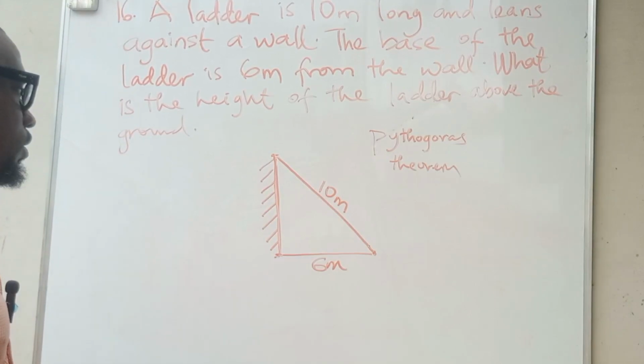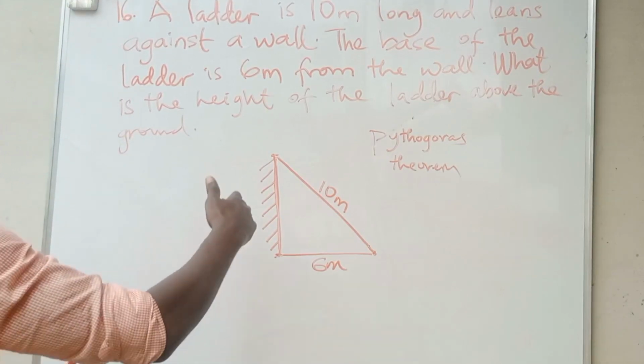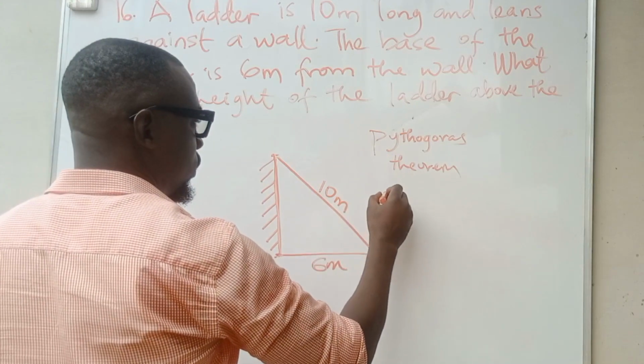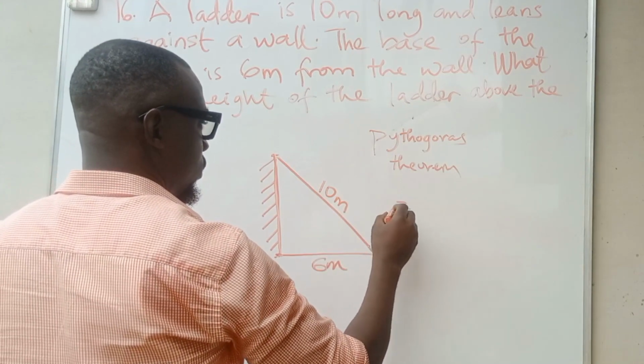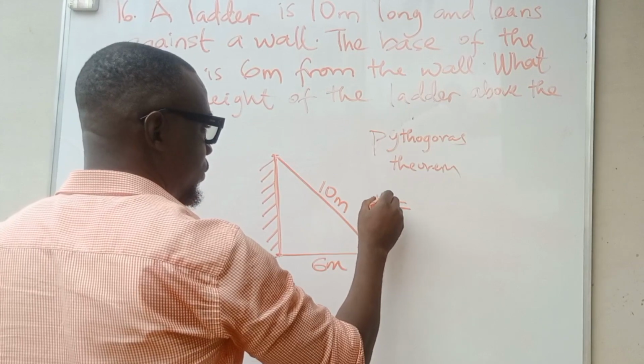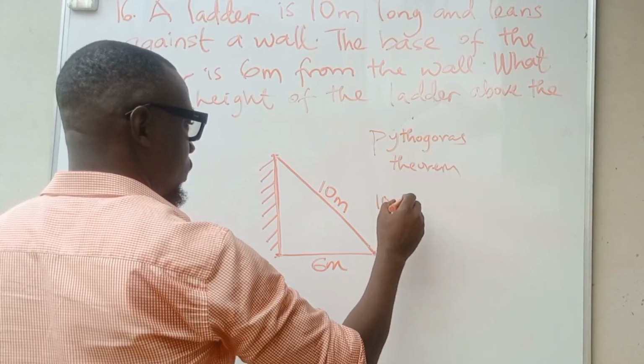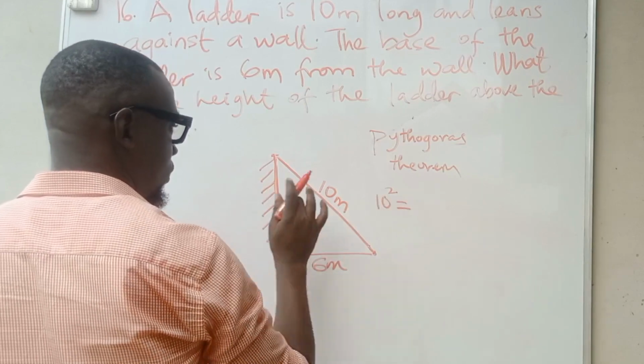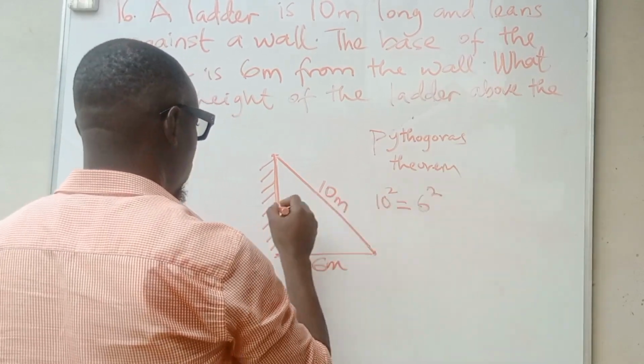So how do you solve it? This is the hypotenuse. This is Pythagoras theorem, it is telling us that the square of hypotenuse is the addition of the squares of these two sides. This is unknown.